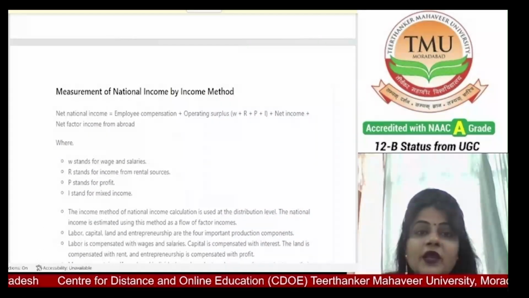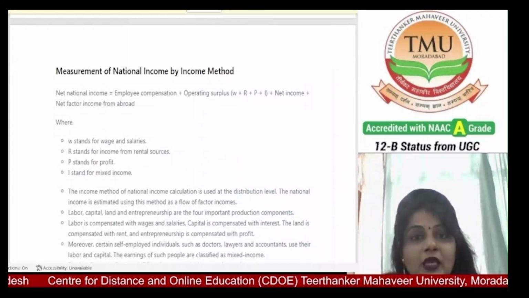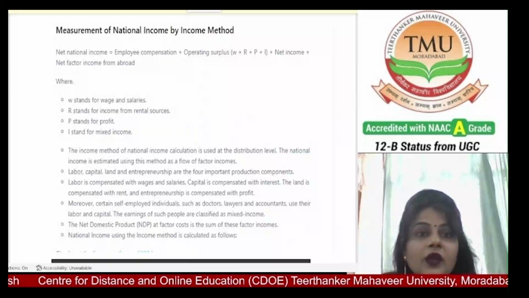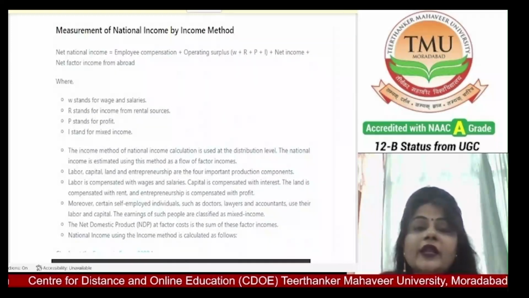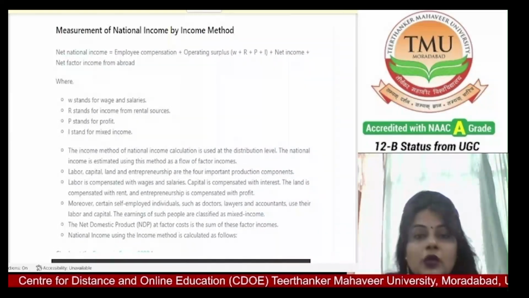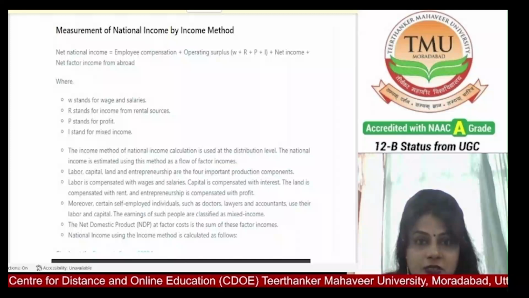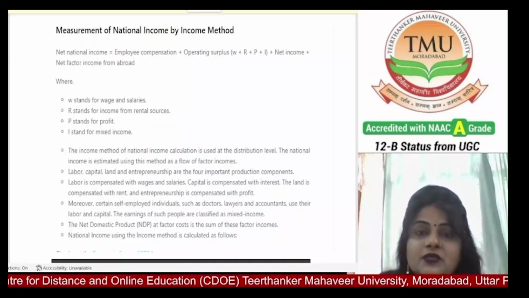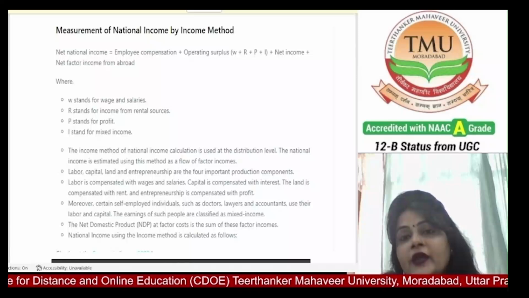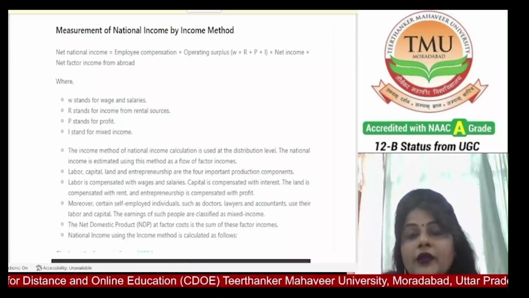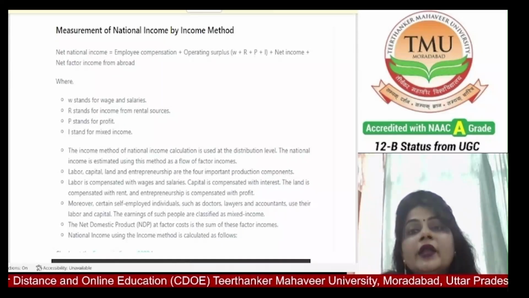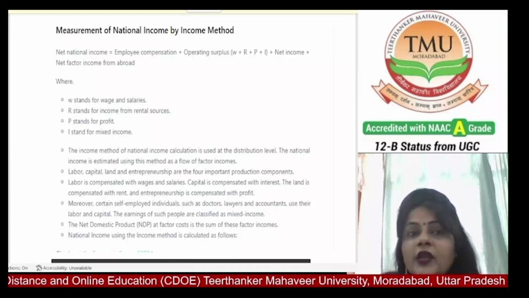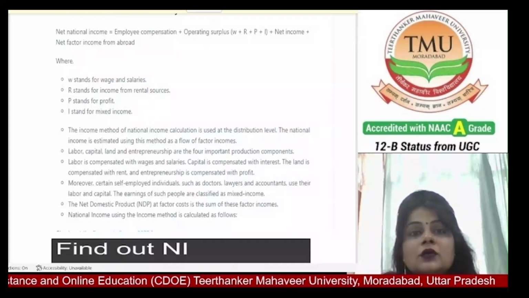So, measurement of national income by the income method: net national income is equal to employee compensation plus operating surplus. Operating surplus is wages, rent, profit, and interest, plus net factor income from abroad.